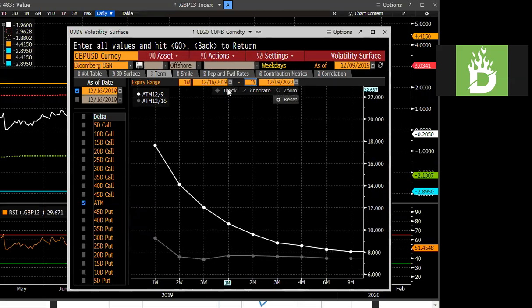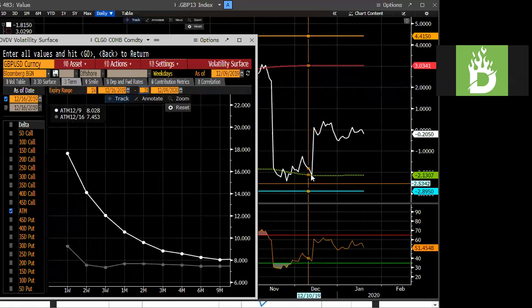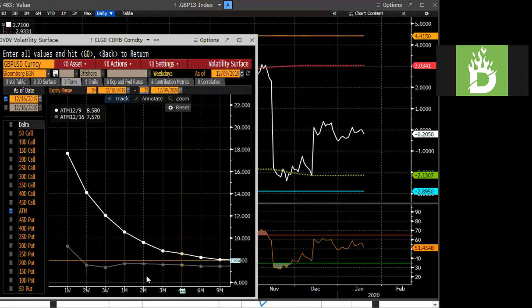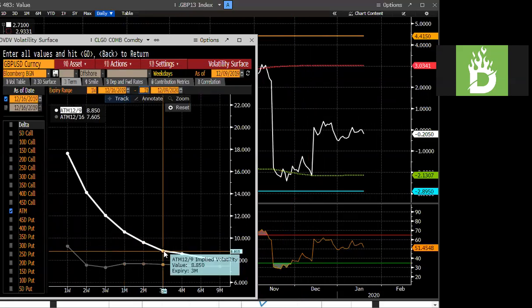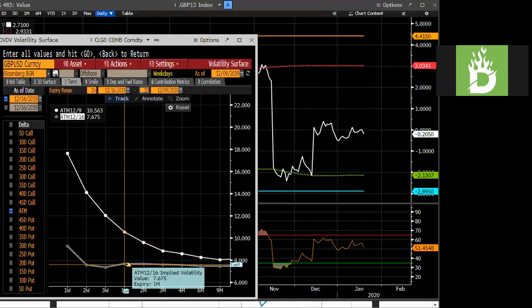So if we look back here, at this point you're taking the 1 month value and comparing it to the 3 month value, so the 3 minus the 1. Now you see the 3 went down a little bit, but the 1 got absolutely crushed.